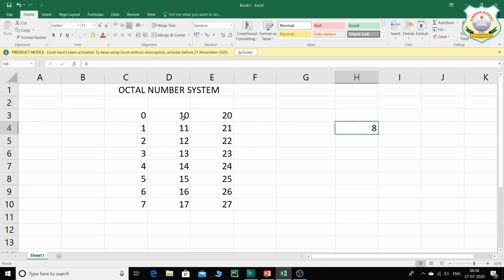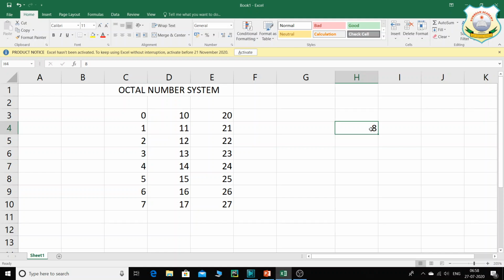I'm going to prove that this is 8 actually. This is decimal number 8, and if I have to convert this into octal, decimal to octal.